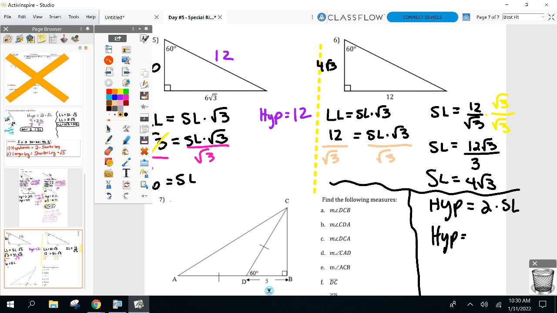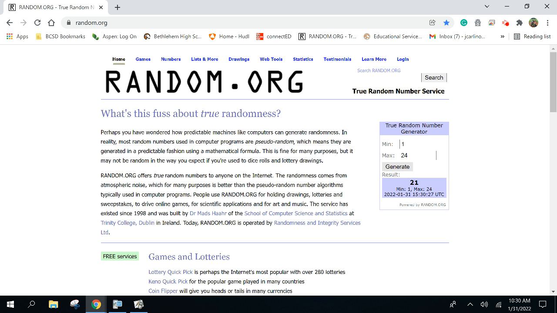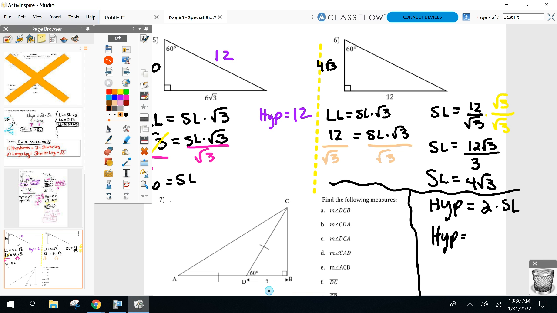Two times your shorter leg. Hypotenuse should end up being 8 radical 3, yep. 2 times 4 is 8, and you keep the radical right there. 8 radical 3. Wow. How are we feeling here? Gotta take a breather.